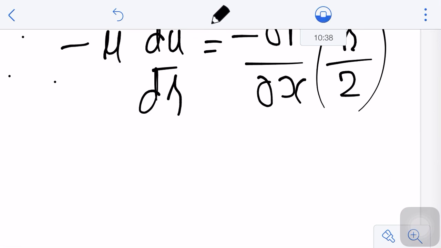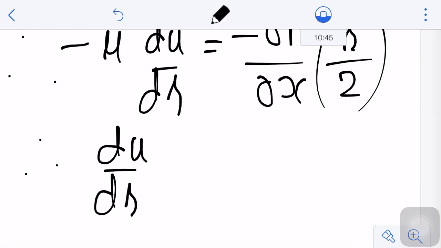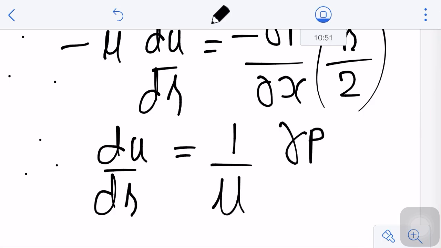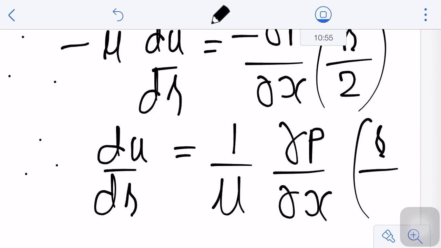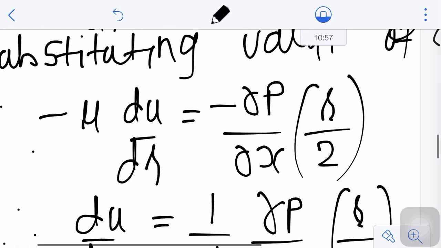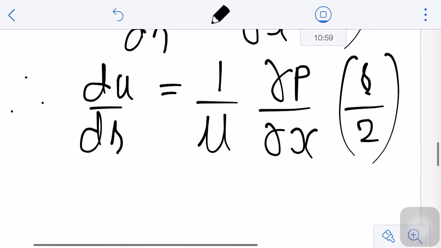In other words, we can also write this equation in this way: du upon dr is equal to 1 upon mu into curly p upon curly x into small r by 2, because this minus will become positive, right?